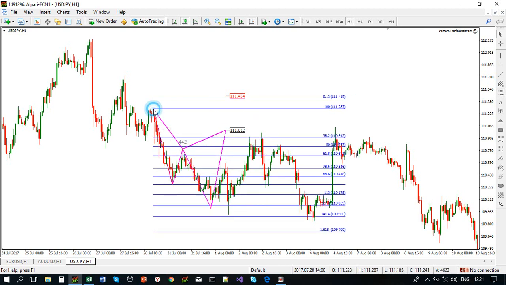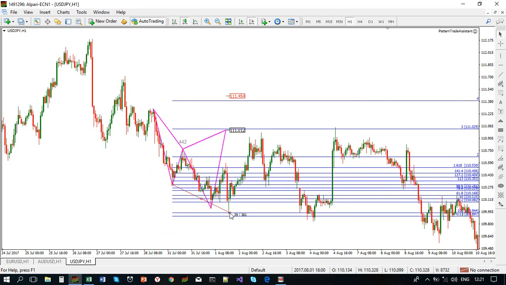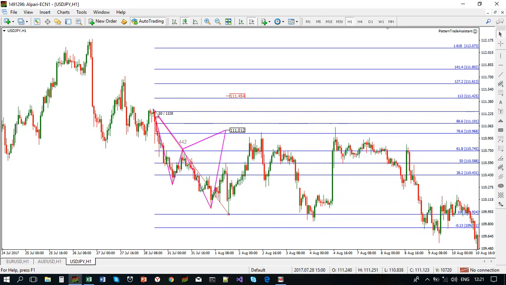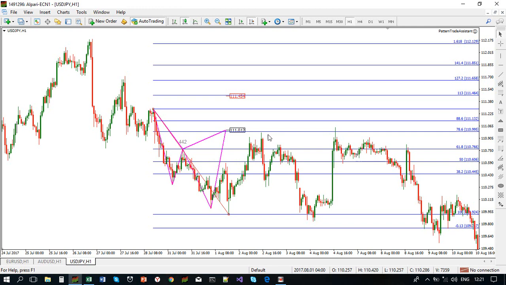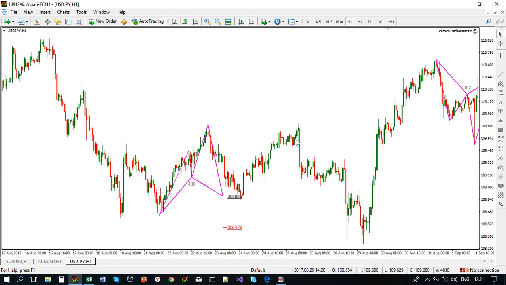127, 1414 was not exceeded. So we have to restretch our Fibonacci's, and look at this. We violated the B point here, and then we came back to violate the C point, and as we didn't trigger the 786, this trade was invalidated.